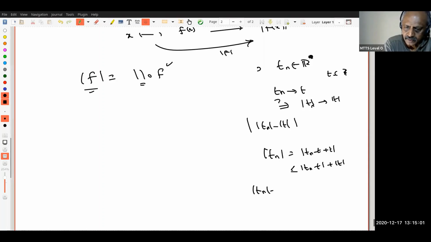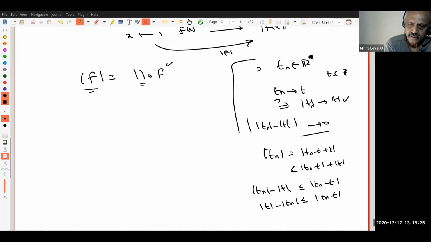Therefore, mod T_n minus mod T is less than or equal to mod of T_n minus T. And if I interchange T_n and T, then I will have mod T minus mod T_n is less than or equal to mod of T minus T_n, but it is the same as mod of T_n minus T. You understand? So what does this show? This goes to 0. Therefore, I proved it. So I proved the continuity of the modulus function. Therefore, this is continuous and this is continuous. Therefore, the composite is continuous. Do you understand?